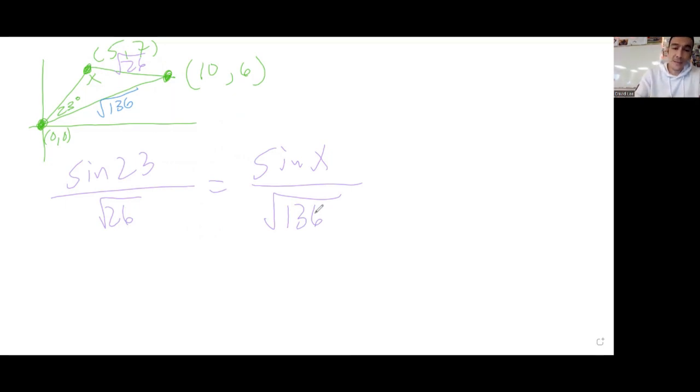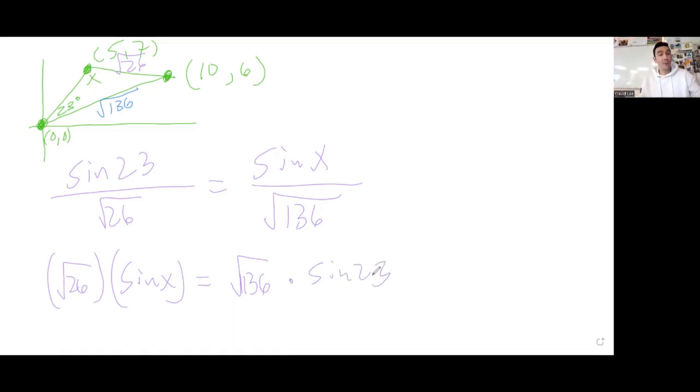Let's cross multiply this here. So cross multiply, that'll tell you square root 26 times the sine of x equals the square root of 136 times the sine of 23. We're trying to get x alone, so let's divide both sides by square root 26. These cancel.